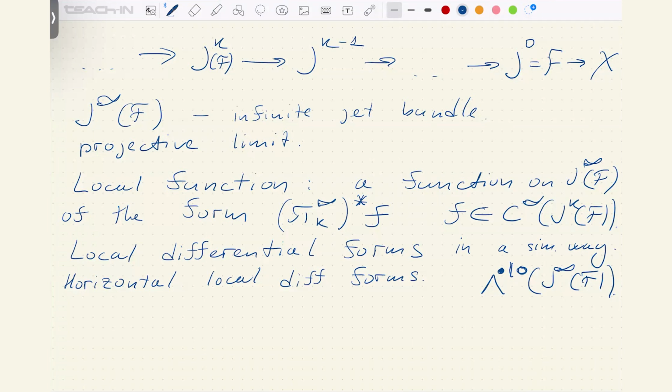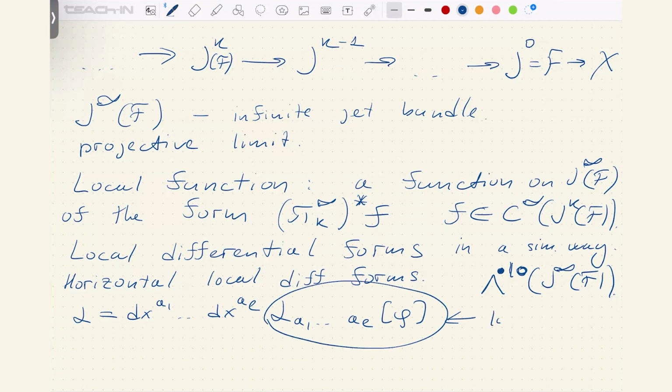There is a bidegree, and the vertical degree is 0, and the horizontal degree is generic. Then we talk about horizontal differential forms, and these are forms which in coordinates look like this: dx^(a1) ... dx^(al), for instance, times α_(a1...al), and these guys are already local functions.